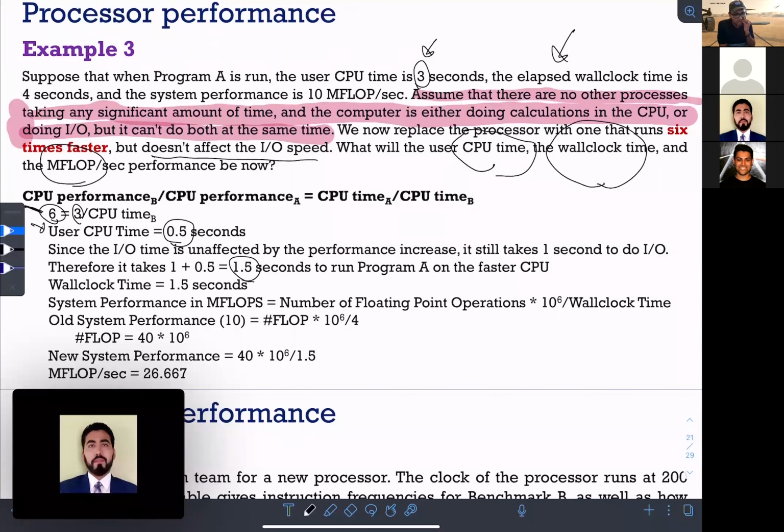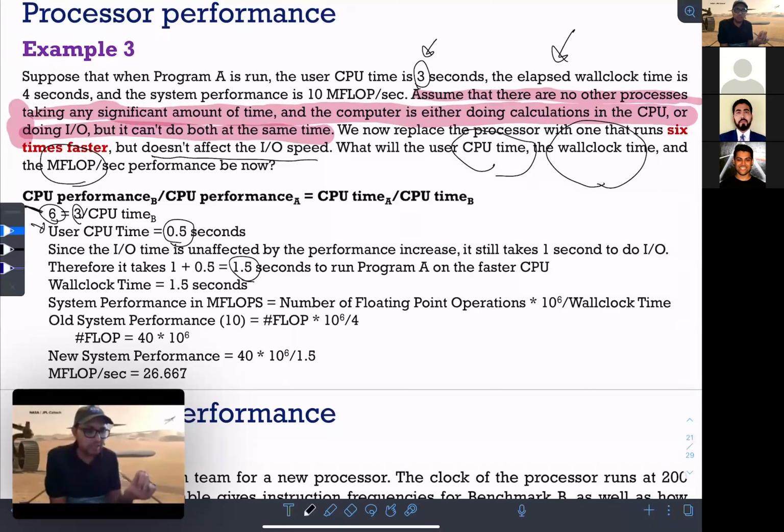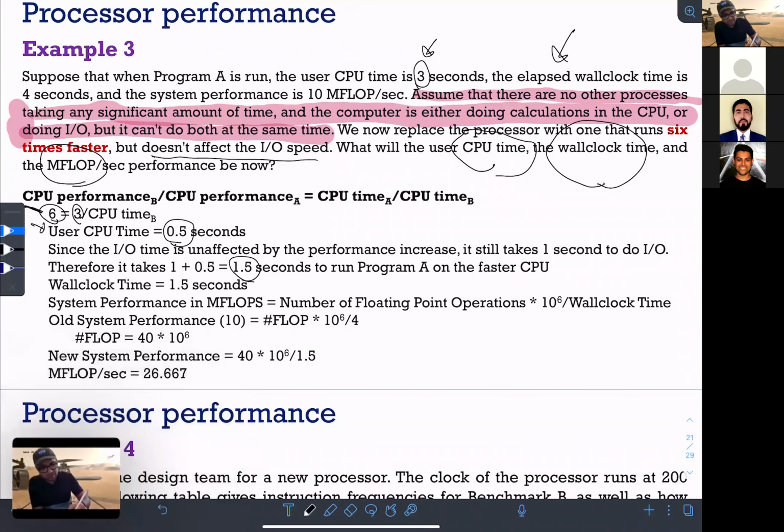Now, how are we gonna calculate the new M-flops? It's not very hard, it's really a piece of cake. The system performance in M-flops is the number of floating point operations times 10 to the power 6, because it's millions of instructions, divided by the whole clock time.